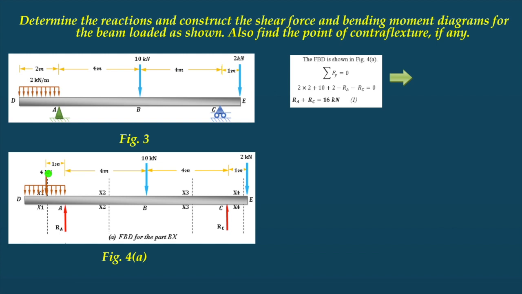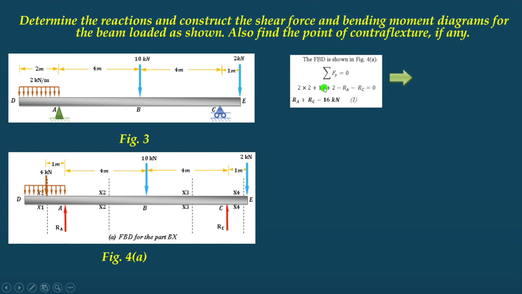Now find out the value of the reaction forces. As the entire beam is in static equilibrium, we can use the equations of static equilibrium. No horizontal force is there, so we need not go through summation of Fx; rather, only summation of Fy equals 0. In the y direction, what are the forces? This 2 into 2, means 4, due to the distributed load.